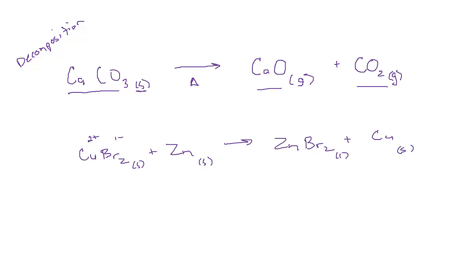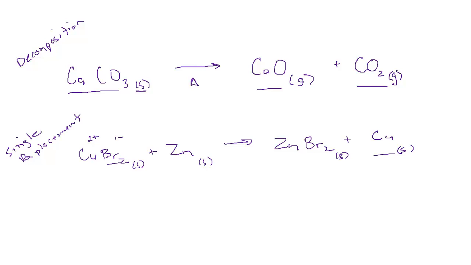You want copper by itself. So you use the zinc over here to bond to the impurity bromine so that you get pure copper on this side. This is not a decomposition. We're not starting with one substance and ending with one. This is called a single replacement reaction. Single replacement.